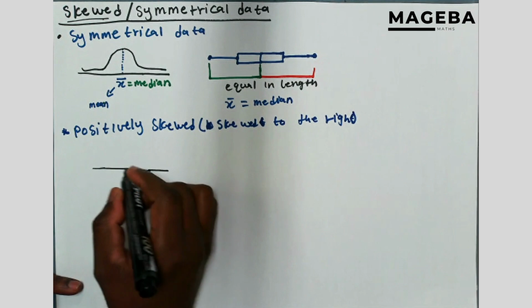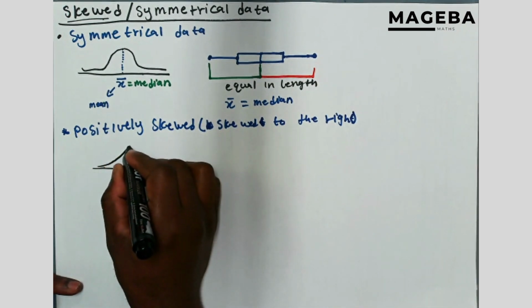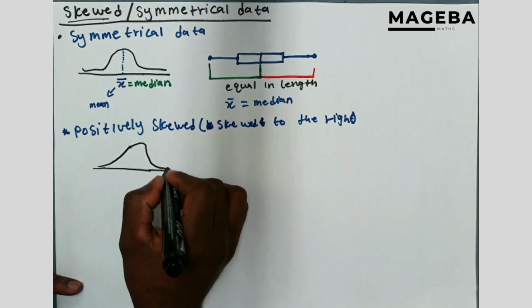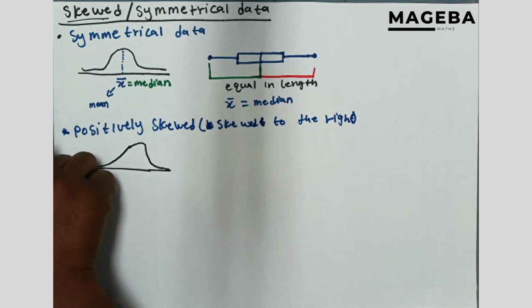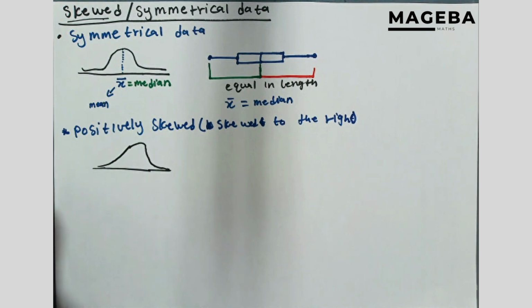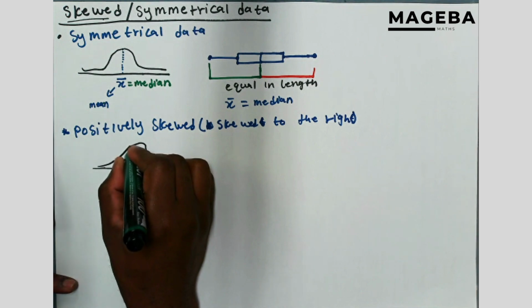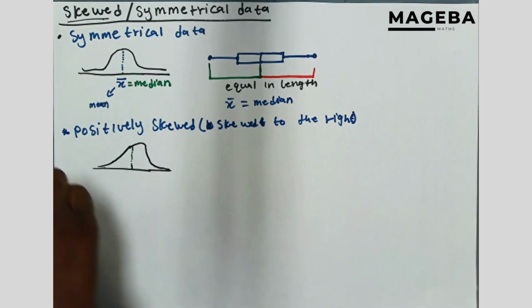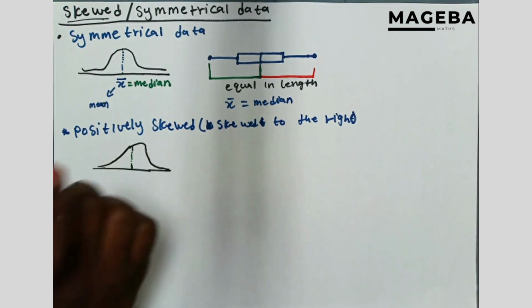If it's positively skewed, now the median here is not going to be equal to the mean. My median is just going to be somewhere here. The median has to make sure it separates my mountain, or my data, equally.